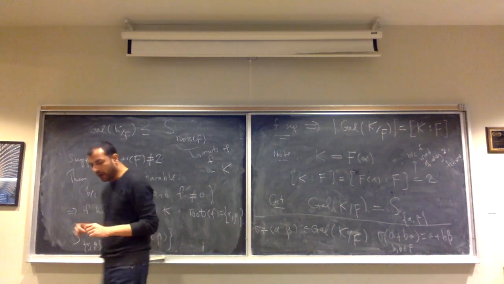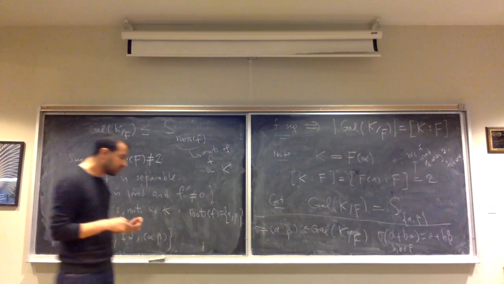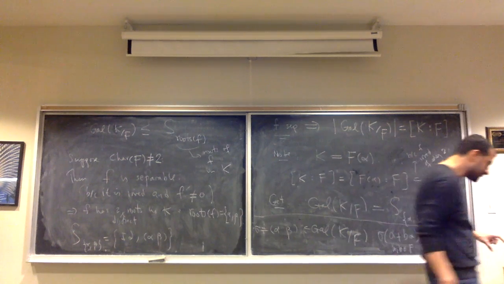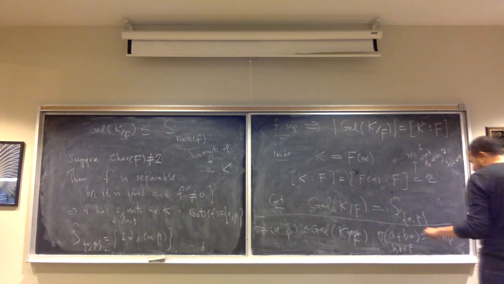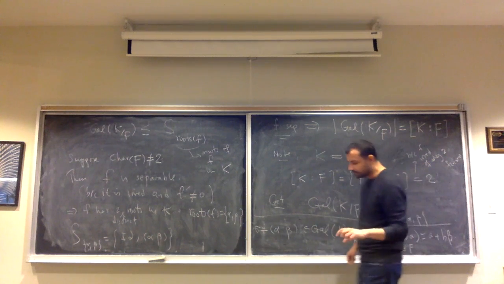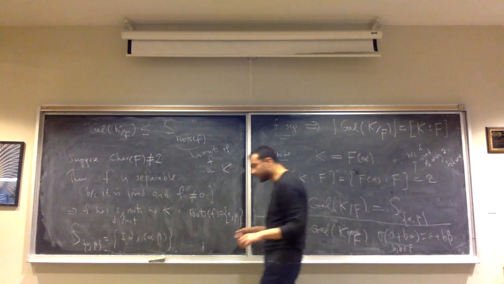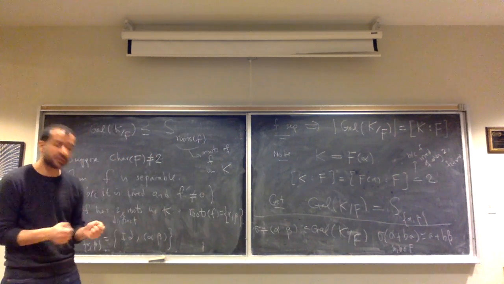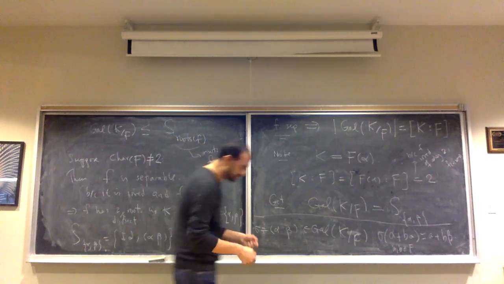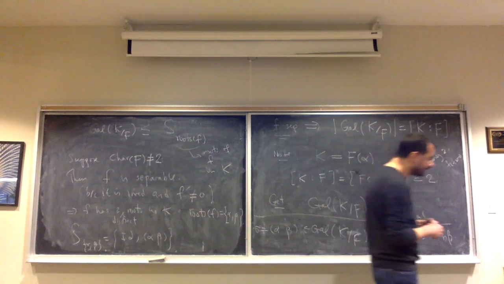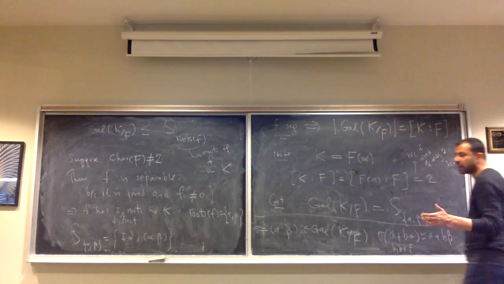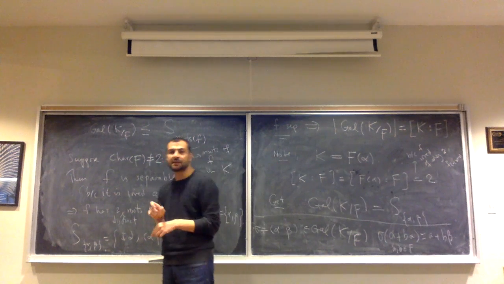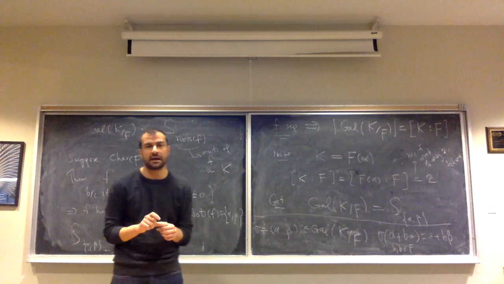We saw that the Galois group of the splitting field of the polynomial over F is equal to the symmetric group on the set of roots of the polynomial. The polynomial will have two distinct roots, let's call them alpha and beta, in the splitting field, and the Galois group will consist of two elements, one being the identity map, and the other one being the automorphism that swaps alpha and beta.